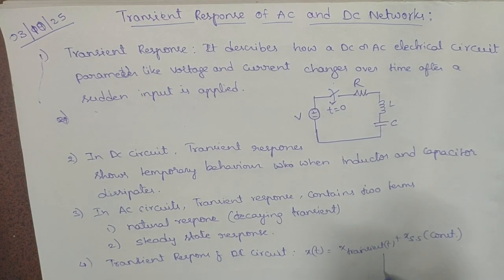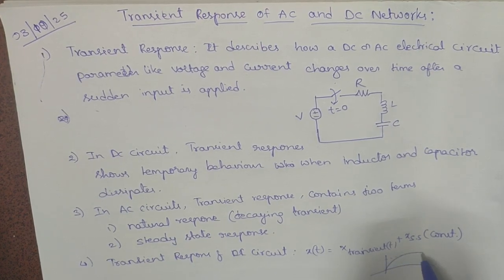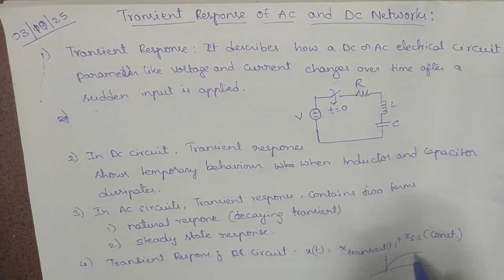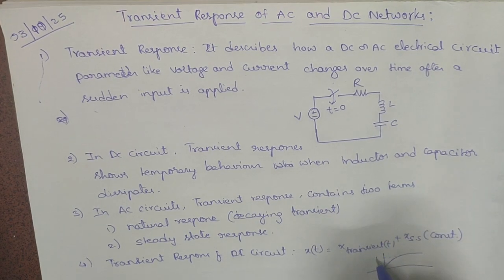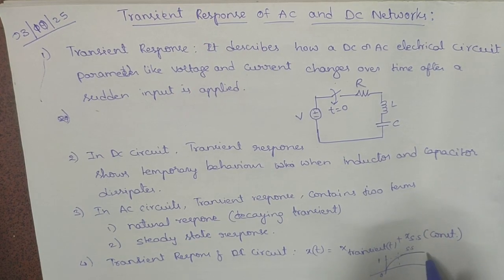For a first order circuit, the output response looks like this. At steady state, it attains a constant value and remains the same.